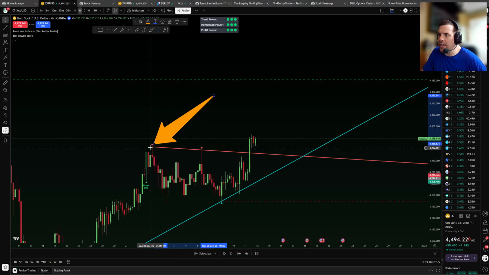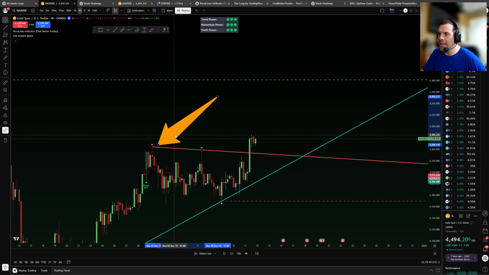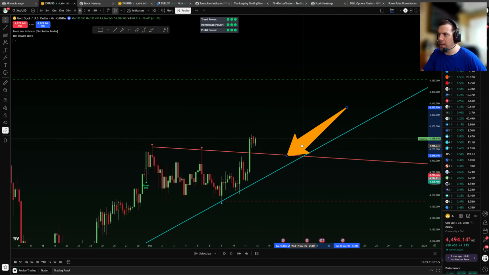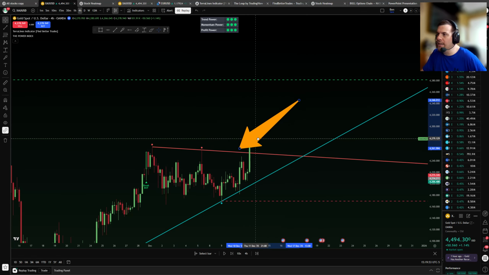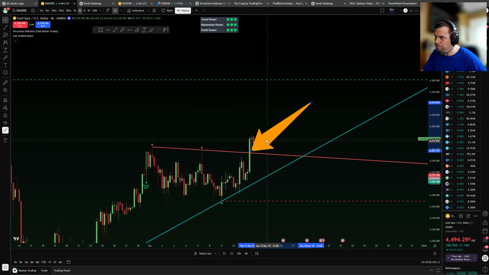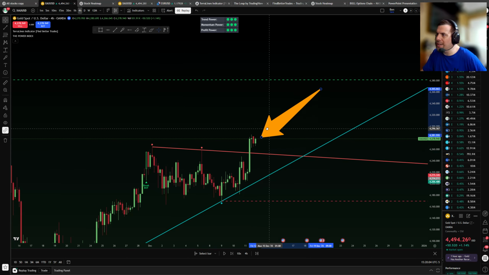Find two points. You're definitely going to have at least two, and three is better. The longer it goes, the more that trend line is going to get respected and potentially even break. So this one would have been the third time price hit this 4 hour trend line. It broke through and went sideways.